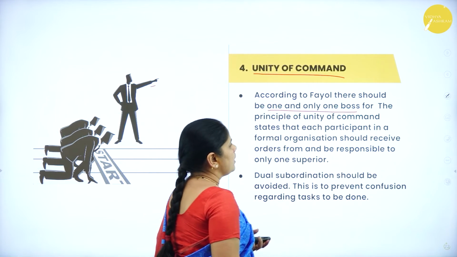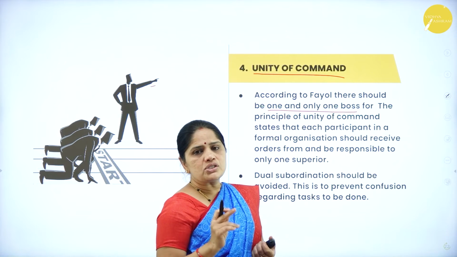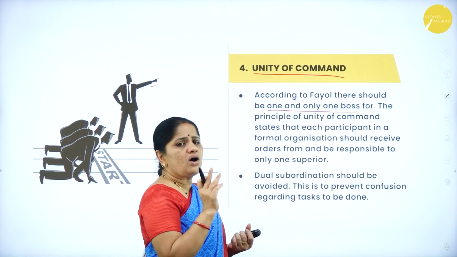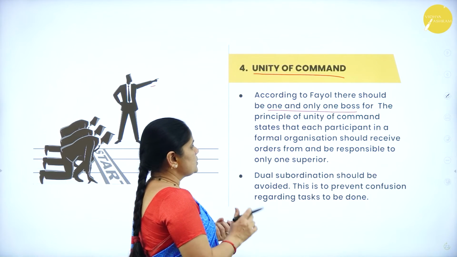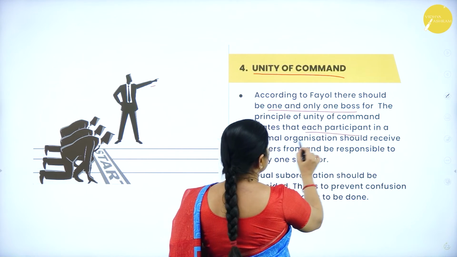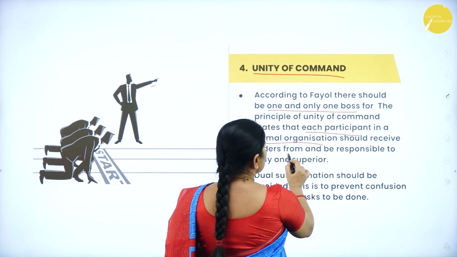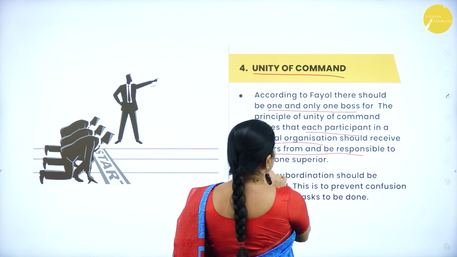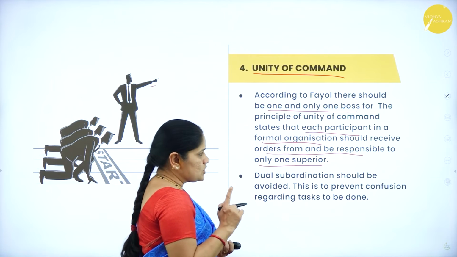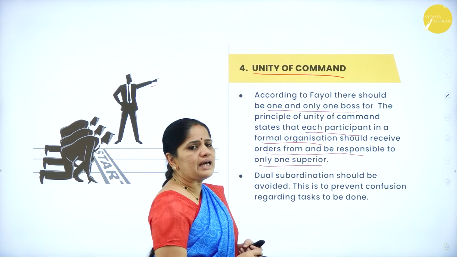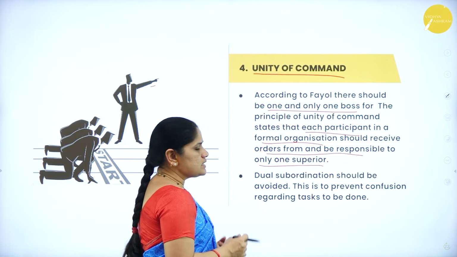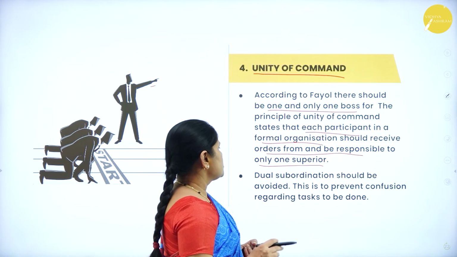The workers should follow the orders of only one boss. Each participant in a formal organization should receive orders and be responsible to only one superior. One superior should be there to give the orders, and there can be eight to ten subordinates who will be reporting to the superior.